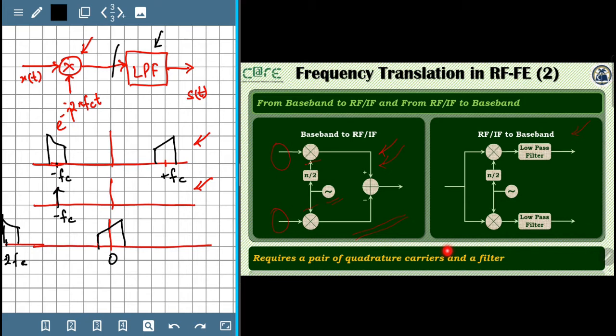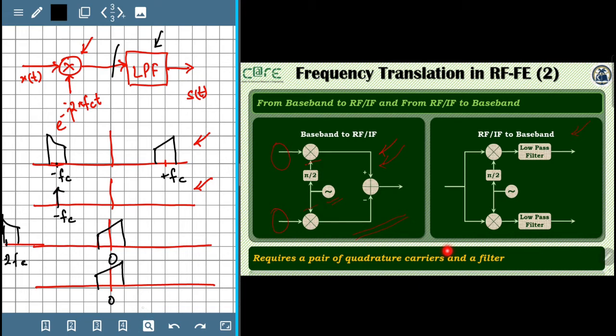The low pass filter simply removes the frequency component at 2 fc, and eventually the output that we get as a result of this operation is the desired spectrum at 0 frequency.